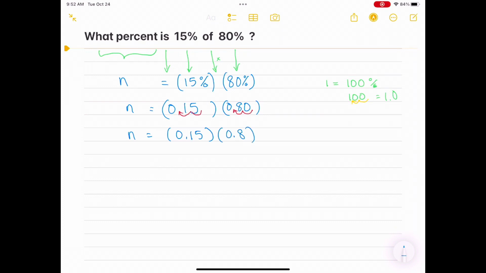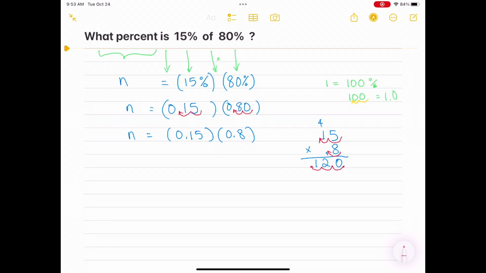So now I do the calculation on the side. I need to multiply 0.15 times 0.8. And we start out multiplying those decimals by ignoring the decimals and just doing this as a normal multiplication problem of whole numbers. And then when we're done finding the product, we add the total number of decimal places from both factors.